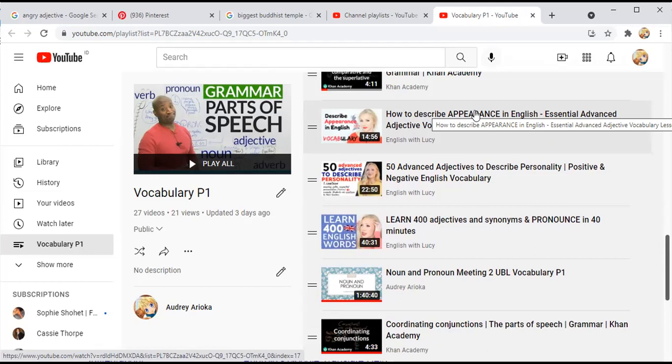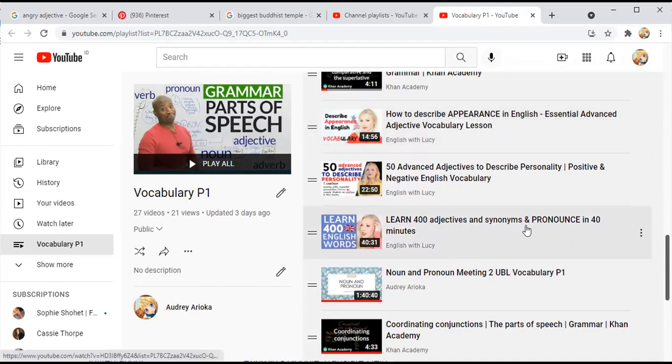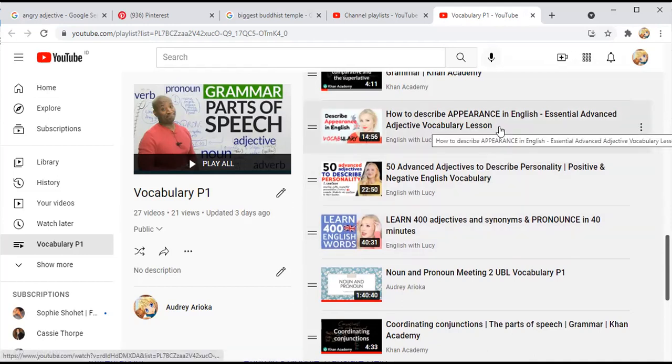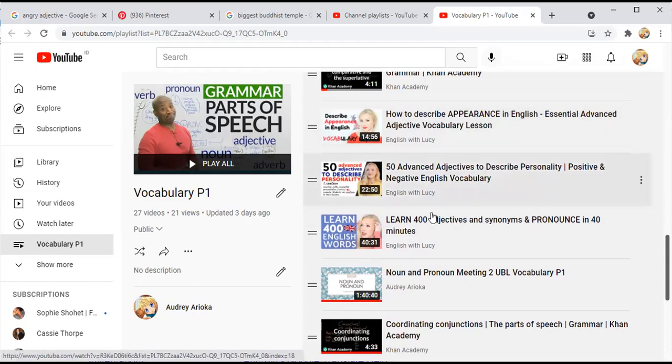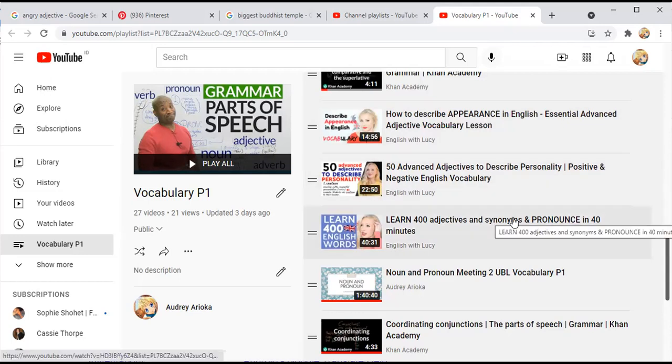And then personality, jadi kan mendeskripsikan seperti apa orang itu gitu. Then there's even 400 adjectives and synonyms and pronunciation that you can try to listen to if you want. So you will be able to get more sense about adjectives. Okay.